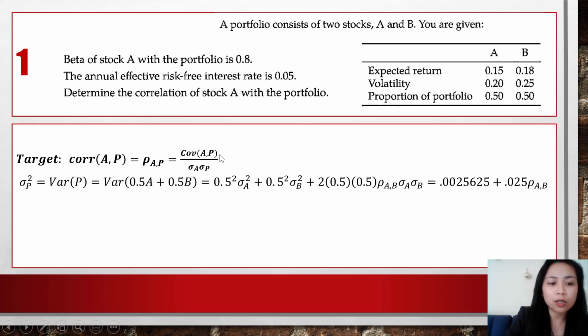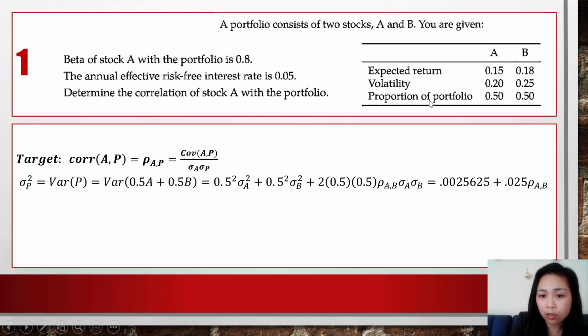So let's write down sigma squared P. This is variance. Variance of P is variance of 0.5A plus 0.5B. And using the formula of variance, we got 0.5 squared sigma A squared plus 0.5 squared sigma B squared plus 2 times 0.5 times 0.5 rho AB sigma A sigma B. Remember, 0.5 rho AB sigma A sigma B here is 0.5 covariance of AB, right?